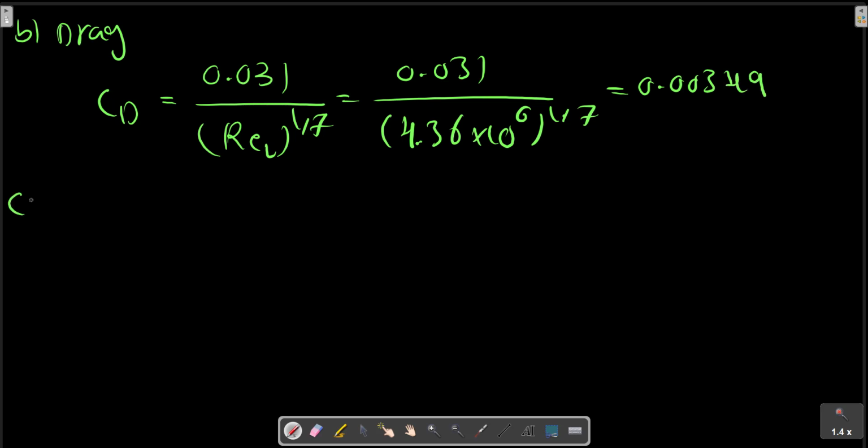And C. So we can now calculate the drag force.